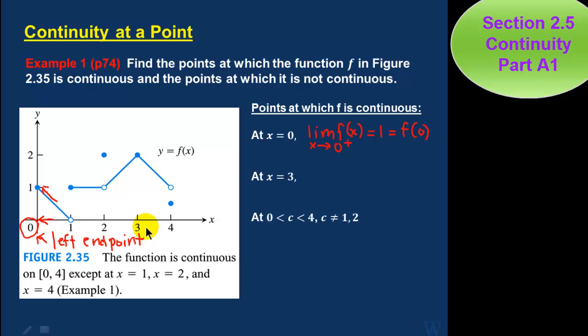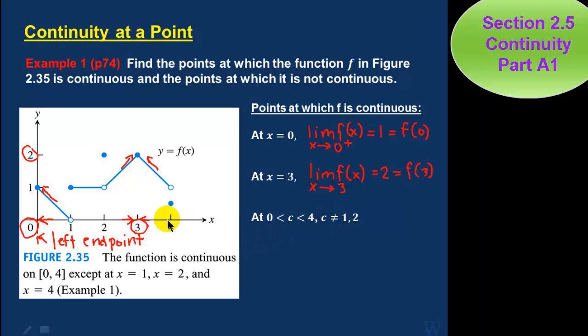What about at x equal to 3? x equal to 3 is an interior point between 0 and 4. If we check the limit of f of x as x approaches 3 from both sides, because it's an interior point, notice that all the y's are approaching 2. And in fact, what is f of 3? Well, we are lucky that it's also 2.